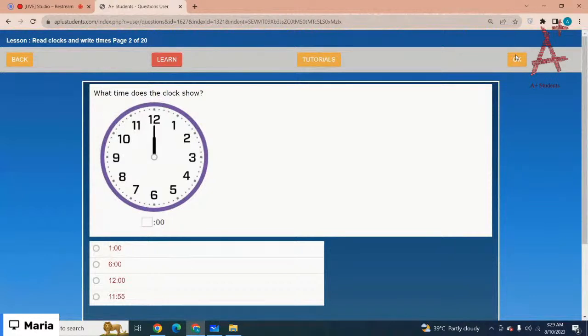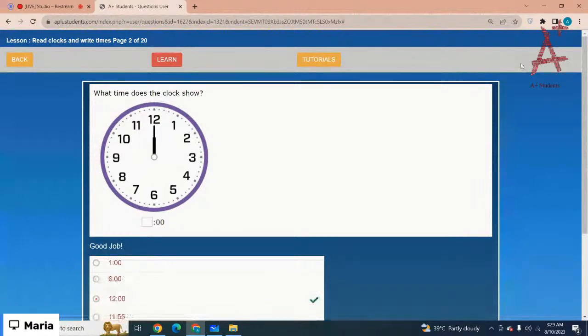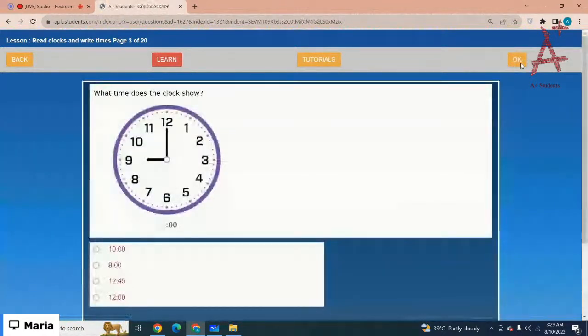Yes, it is 12, right? Because both the hands are pointing to the same place, so it would be just 12. Okay, what time does the clock show?